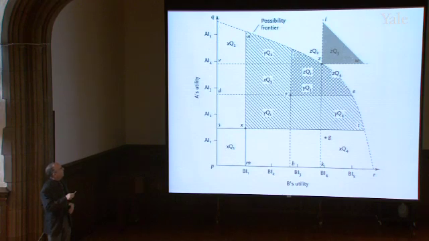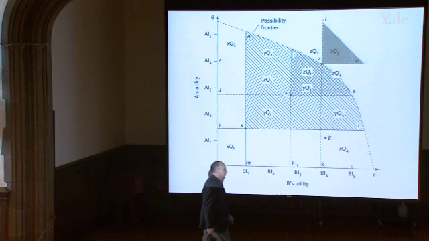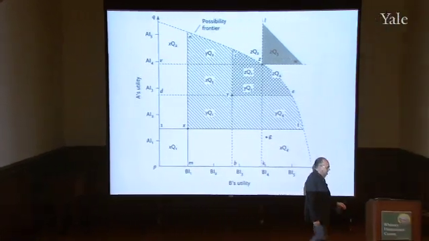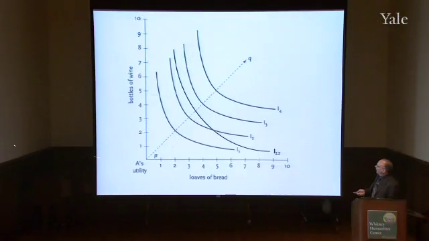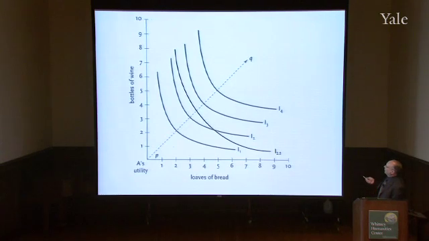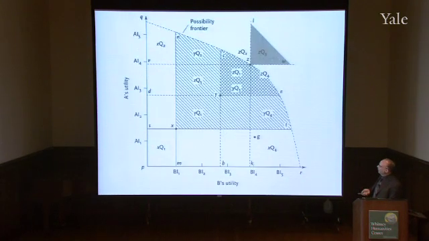And these axes, the x-axis here, is A's utility function. Remember, A in the previous slide was trying to get from P towards Q. A was trying to go up here. So this on this slide is the same thing as this on this slide.